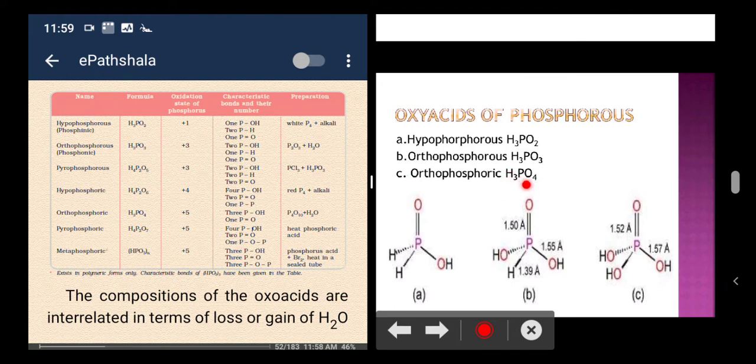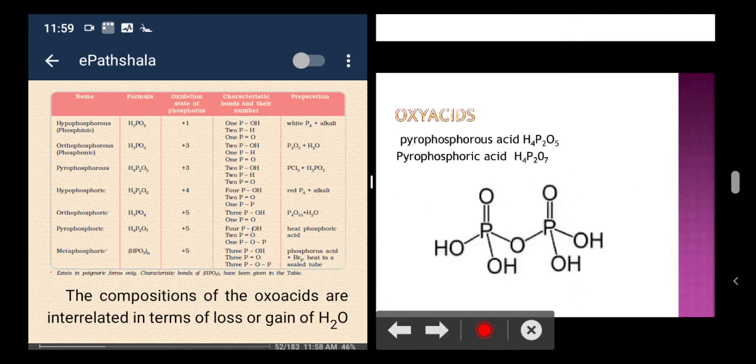The same thing, P is the central atom, H is connected to phosphorus, and here O has to be 4 times. Straight away you can write one as a double bond O. The remaining 3 O can be written for all 3 hydrogen. So this is the structure of oxyacids of phosphorus.